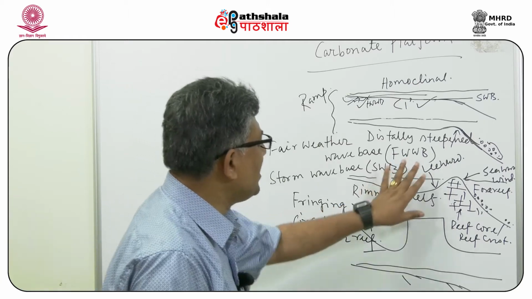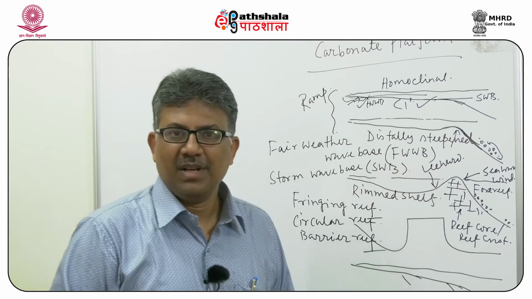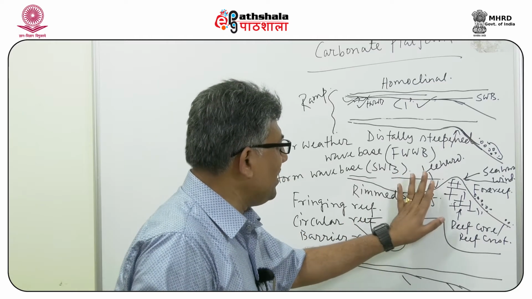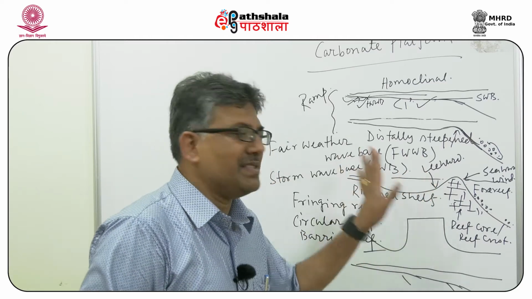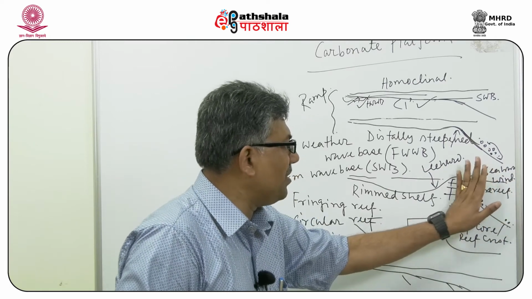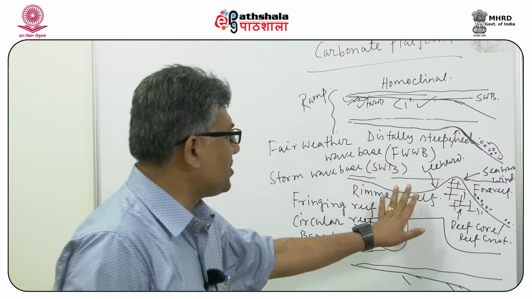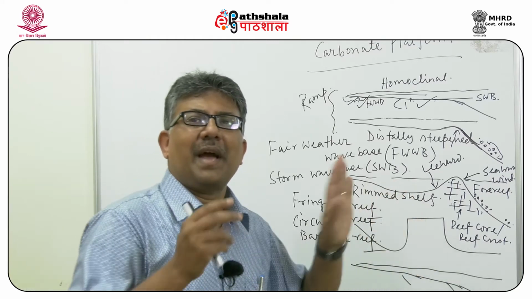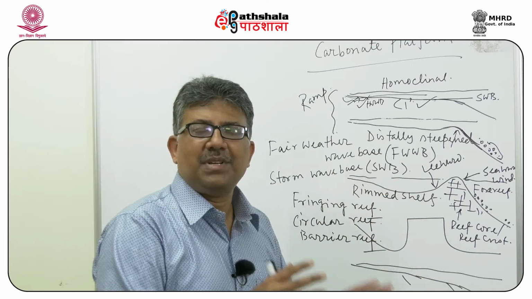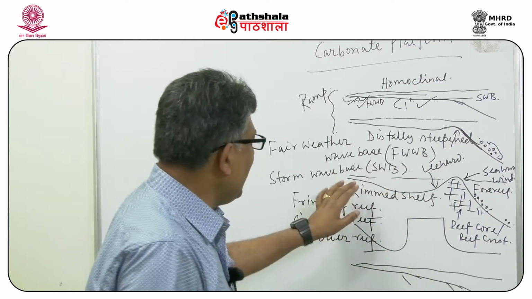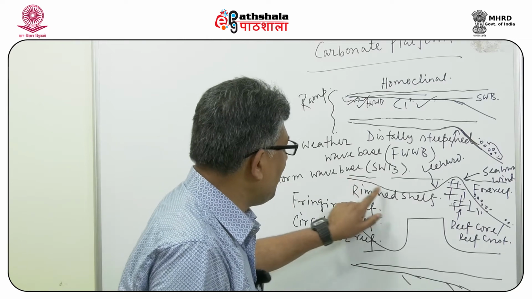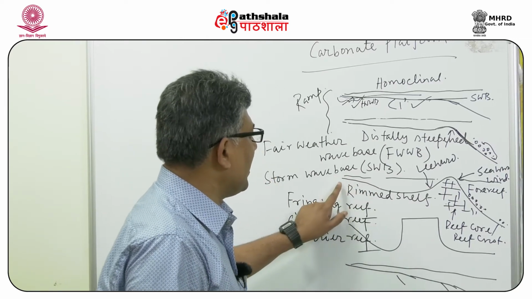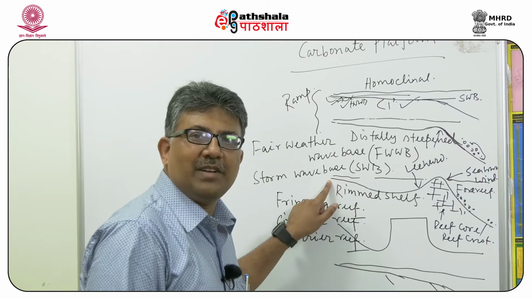Now, what will be the situation at the back of the reef? Commonly, this back of the reef is low in its wave energy, because most ocean waves are baffled by this reef. So, what process will be dominating here? Commonly, tidal process dominates here. If the tidal process dominates here, then I will get the tidal flat on the rear part of the lagoon that will be formed.